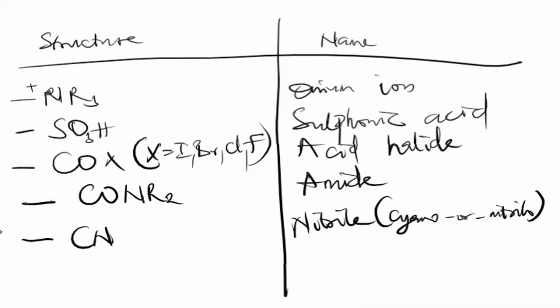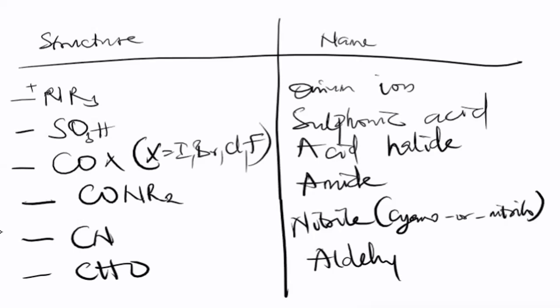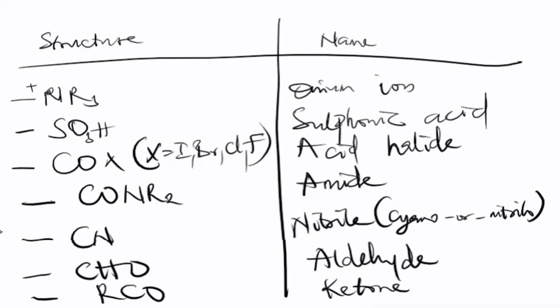We have next the aldehyde, which is CHO. So next we have the ketone.